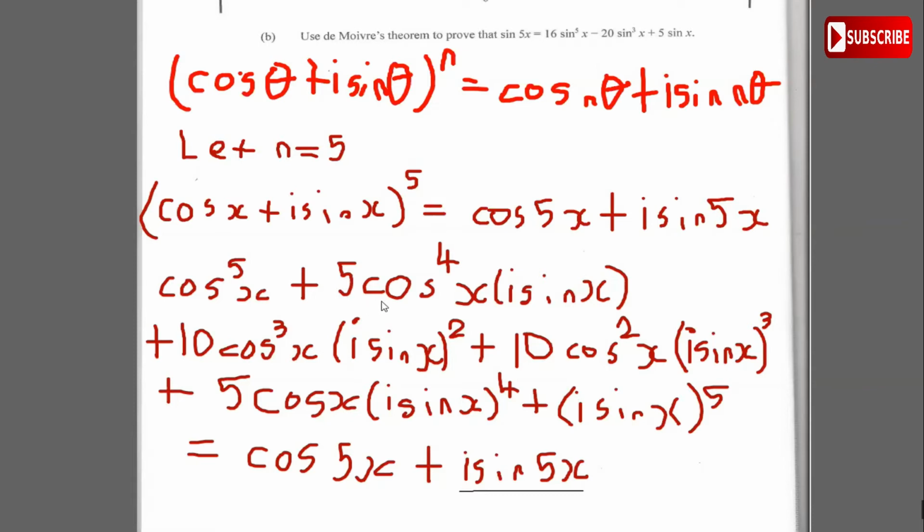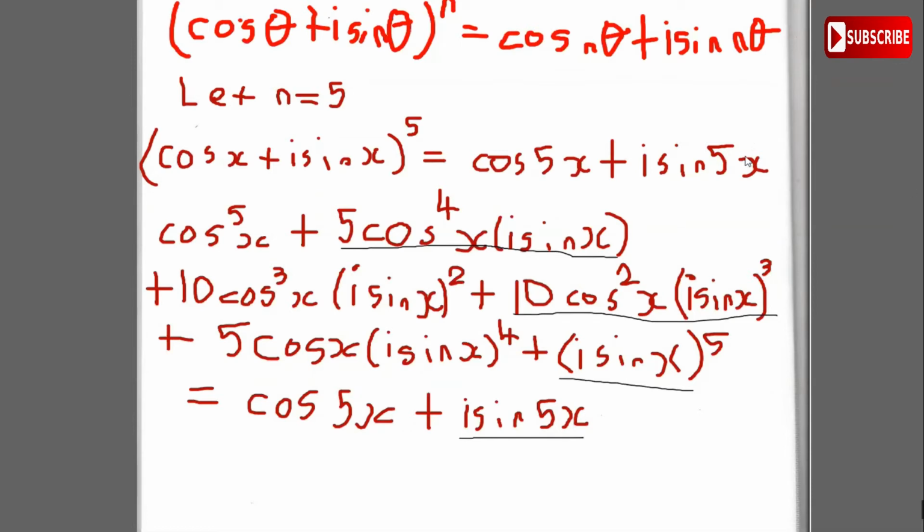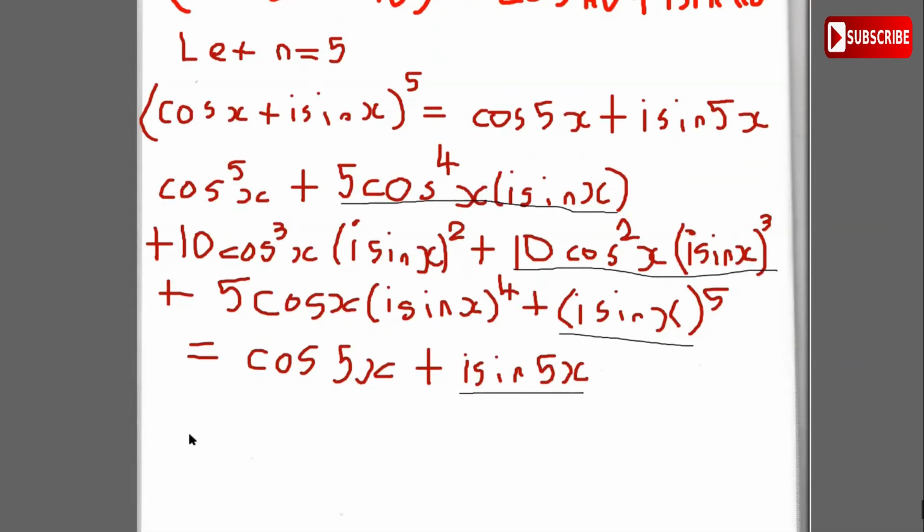This is going to be imaginary because we have i sine x right here. Now, i squared is minus 1, so that's not imaginary. This part will be imaginary, and this part will be imaginary. So by equating the imaginary parts, we can finally find what sine 5x is. So let's write that down.